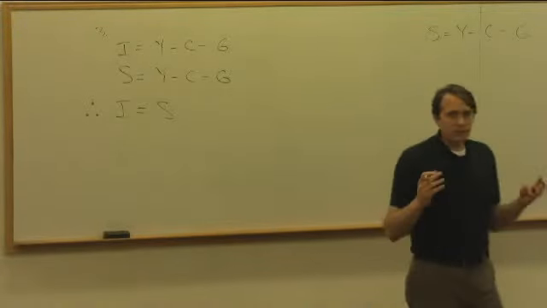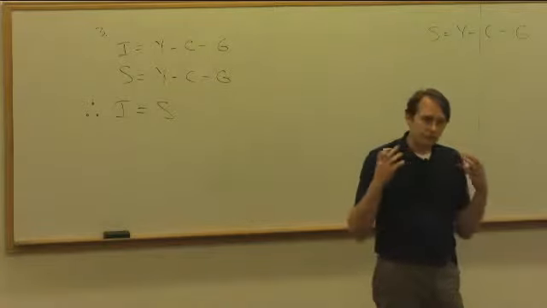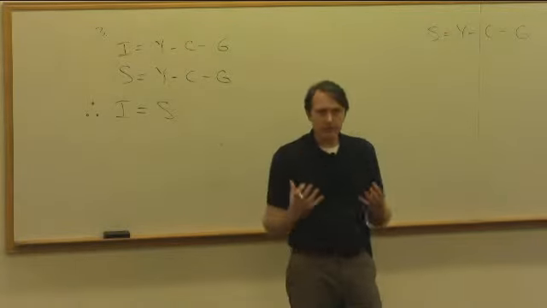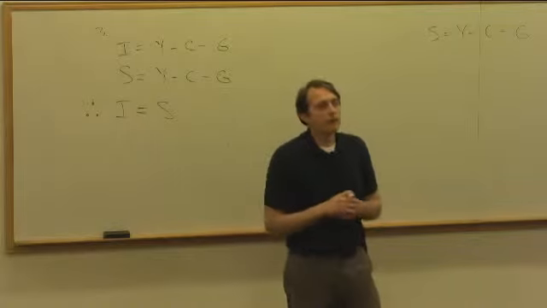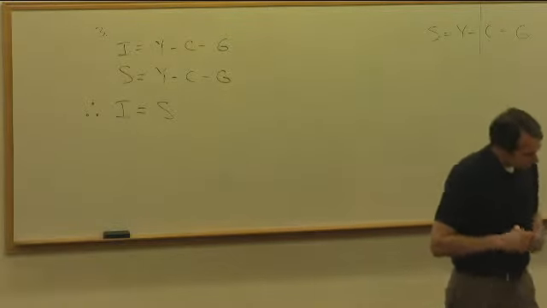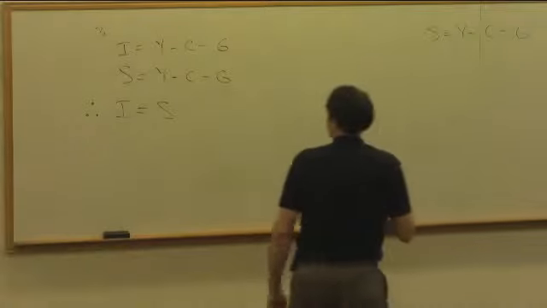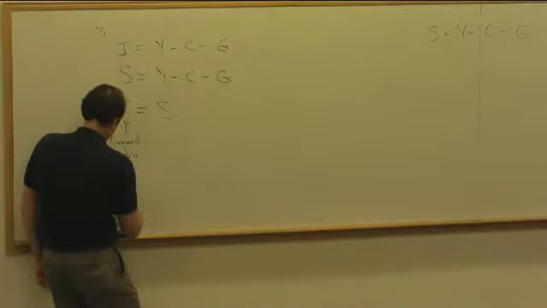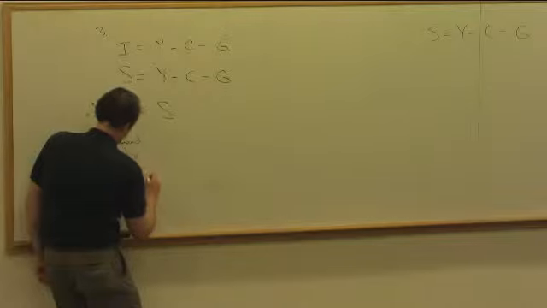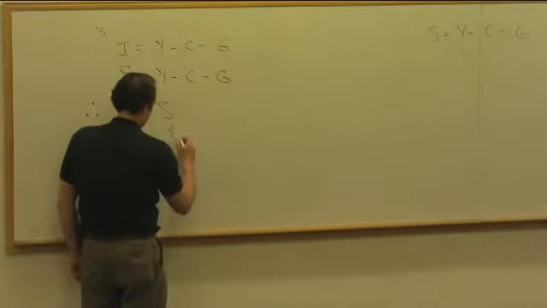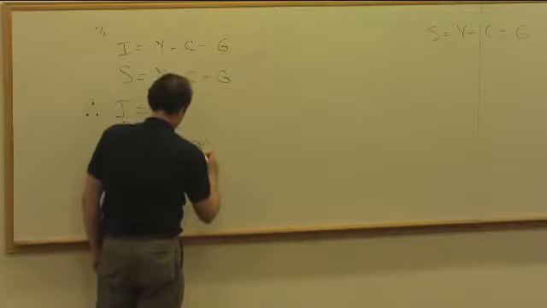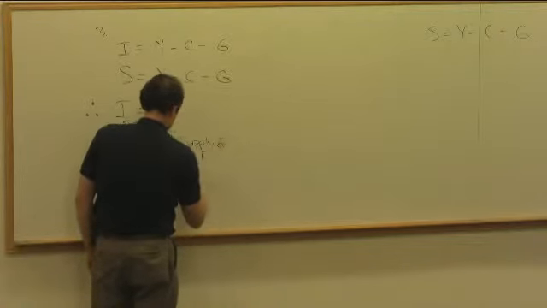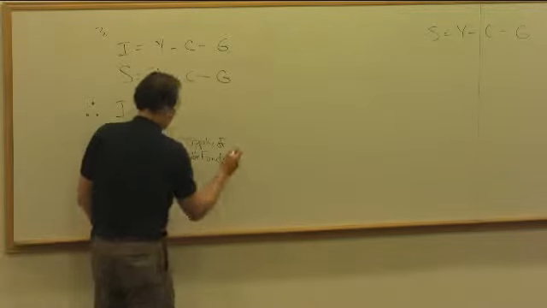Okay? Now, I haven't done anything in terms of talked about a model to explain why this is going to be the case. This is just purely by the definition of how we've defined investment that this is going to end up being the case. So what I want to do right now is if we think about this is the demand for loanable funds, and this is our supply of loanable funds, right?